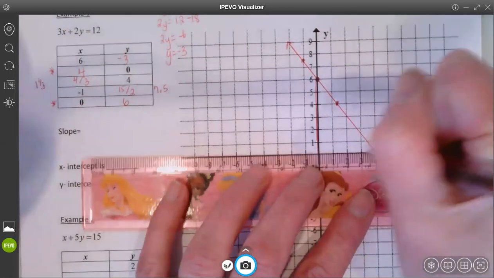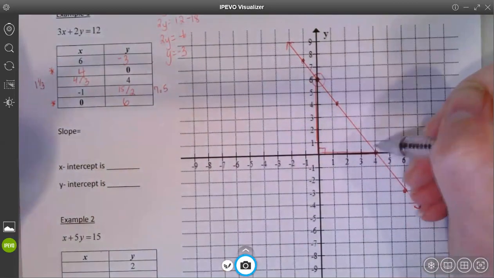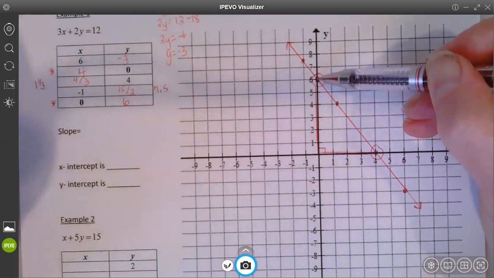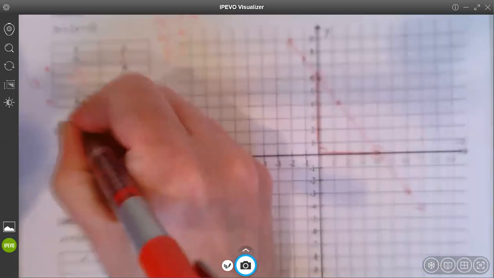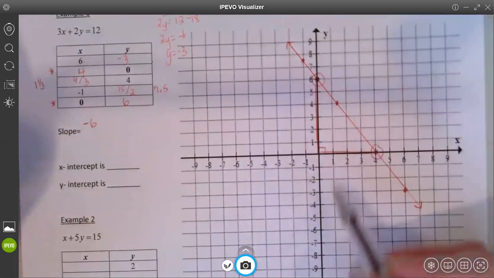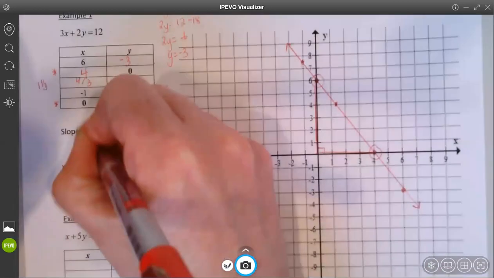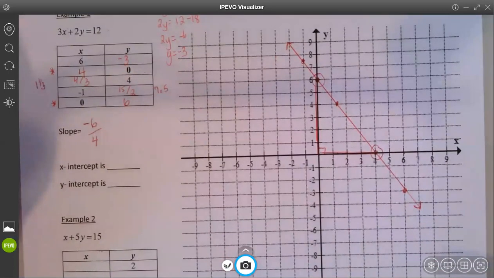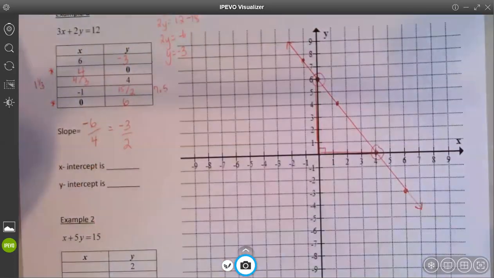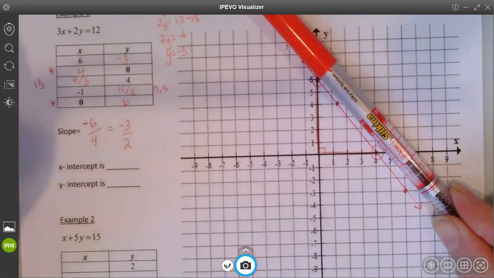Okay, so to go from this point here to this point here, this is where I wanted to find my slope. So I had to go down 6. So my slope, I'm going down 6, and then I go forward 1, 2, 3, 4. So my run is positive 4. So my slope is negative 6 over 4, and I reduce that to lowest terms to get negative 3 over 2. And that makes sense because this line is going downwards. It has a negative slope.